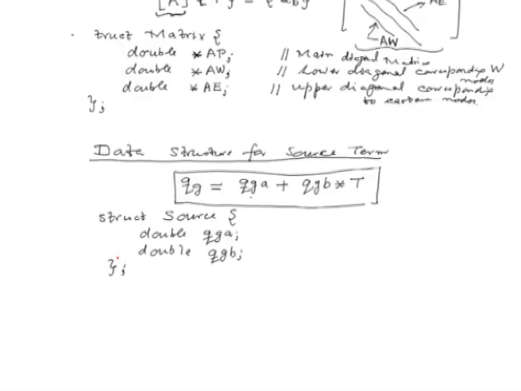Those of you who might be looking at this code for the first time and may not be very well conversant with C or C++, this double basically represents a double precision real number, and int stands for integers. So now we have got most of the data structures designed which we need for our code implementation.